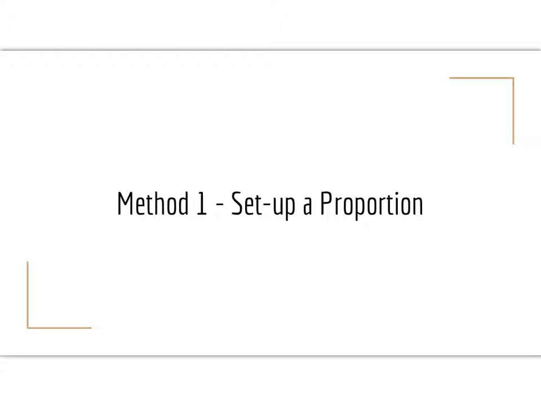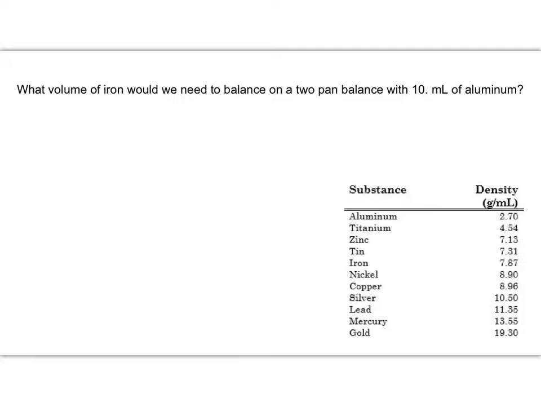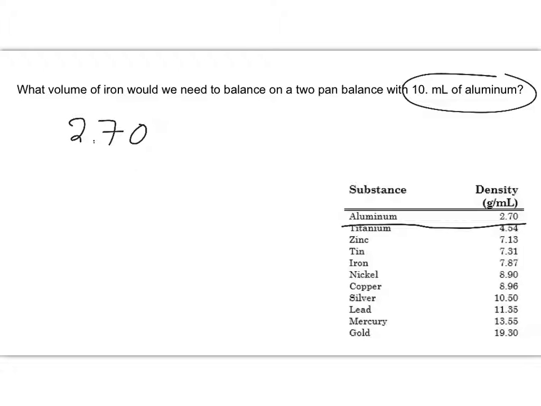So the first method to solve this is just going to be setting up a proportion. So step one, since we're starting with aluminum, and again because of the density, we know that there's 2.7 grams in every 1 milliliter of aluminum.